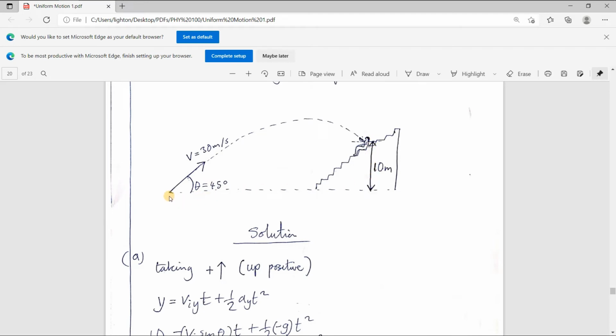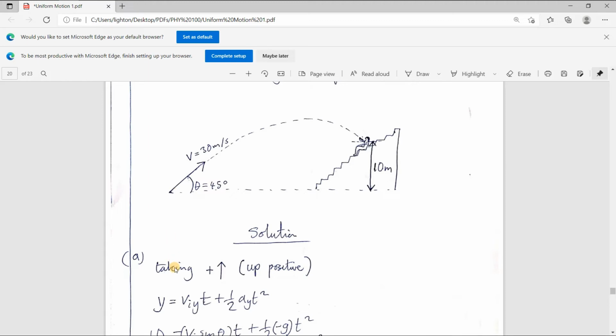When you look at the starting point from where it was hit, this point is treated as the origin, and we choose up as positive: going up positive, going down negative, going right positive, going left negative. You have to choose the coordinate system as we have always been doing.